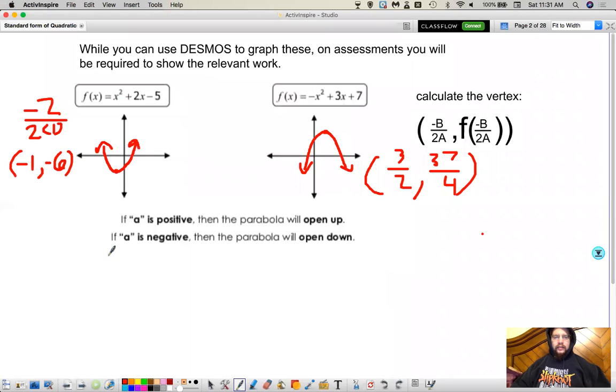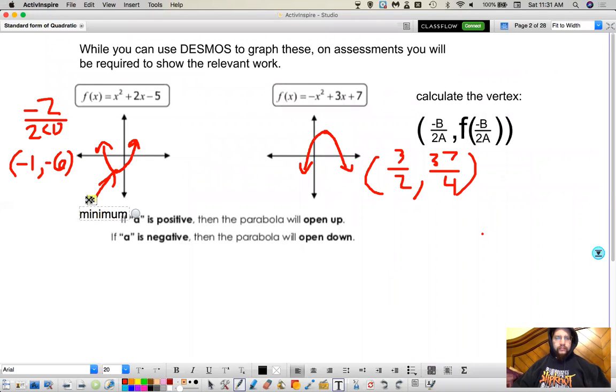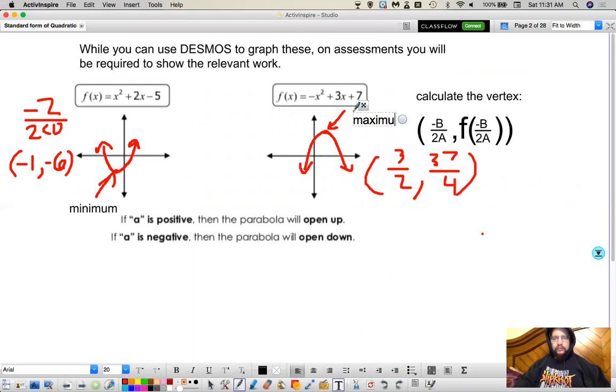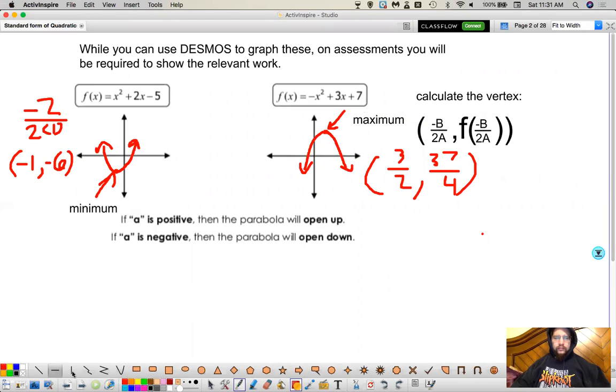So let's go ahead and label these. So this is a minimum. And over here, we have a maximum. If we were to draw some vertical lines, there's not much room on your paper, don't worry about it.